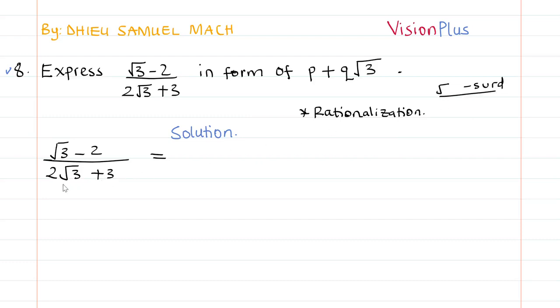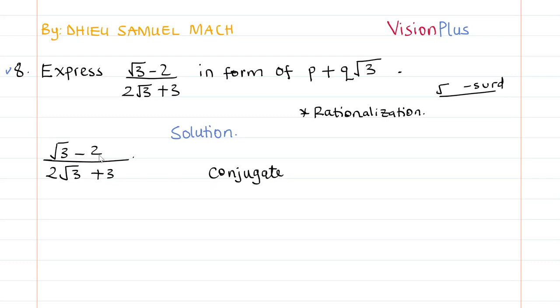So for us to remove the square root sign from the denominator, we need to rationalize it. And how we rationalize it is, we get the conjugate of the denominator. Conjugate is only got for the denominator.